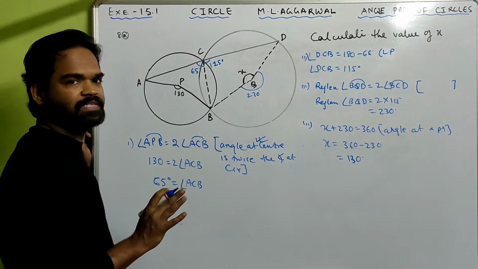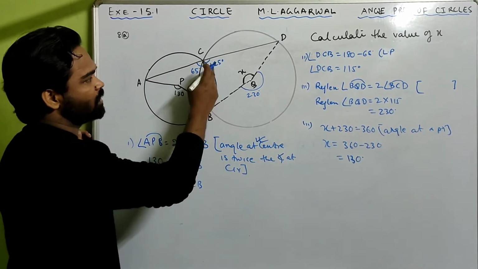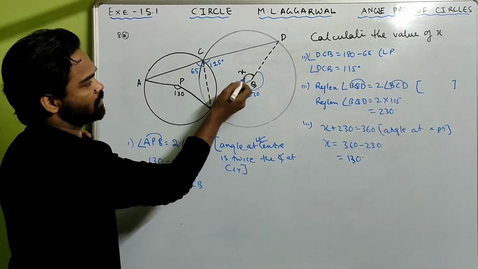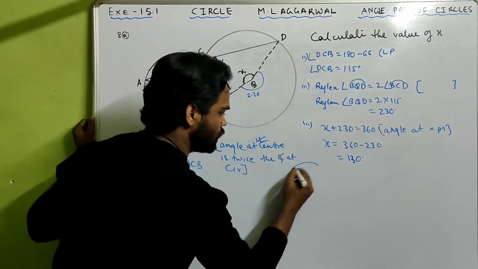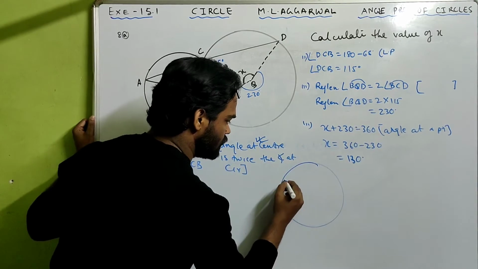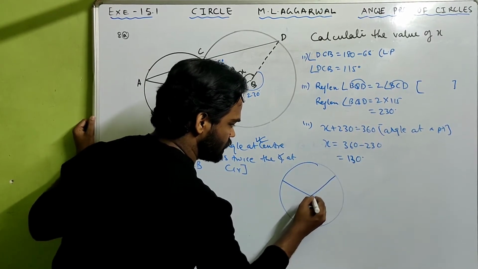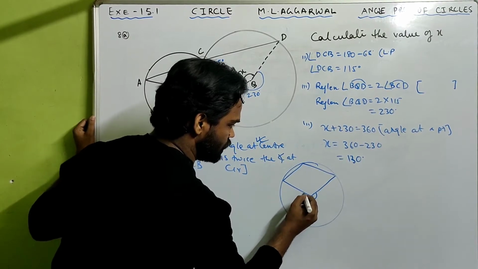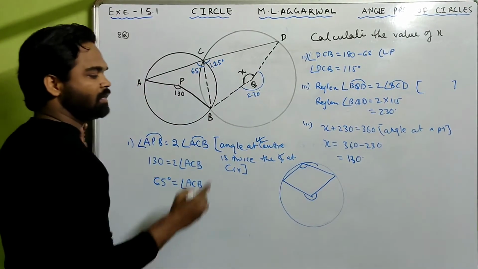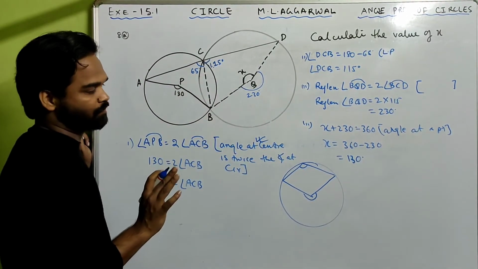You can solve it very easily. Clear? Don't be confused with this and this. They don't have a relation. This angle and this angle I'm talking about, see, angle at the center will be twice the angle at circumference.